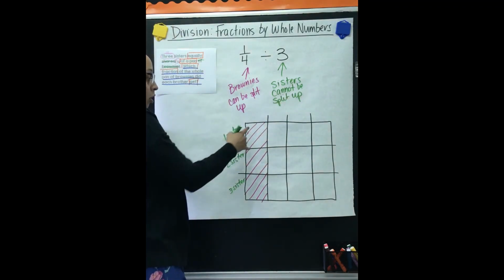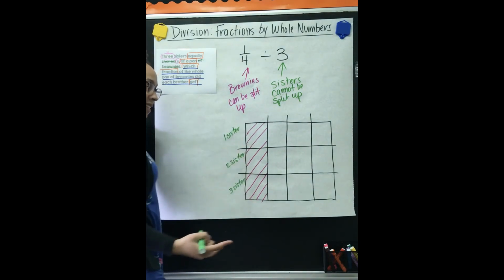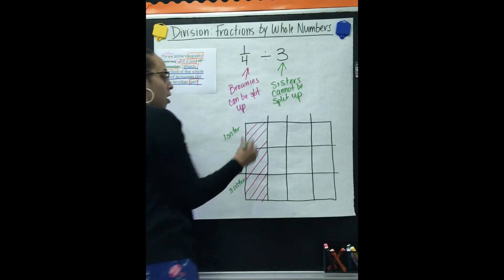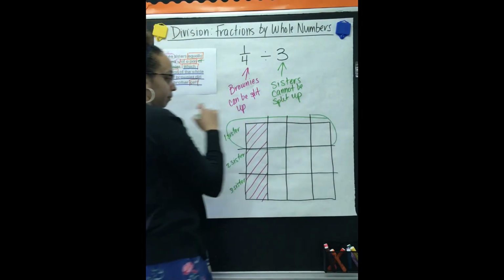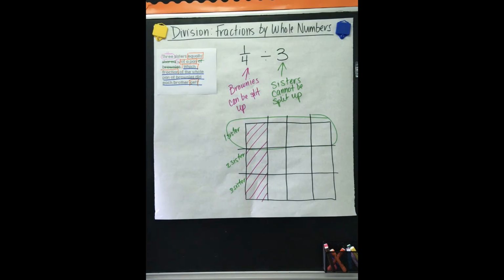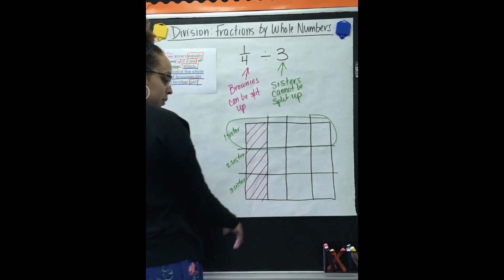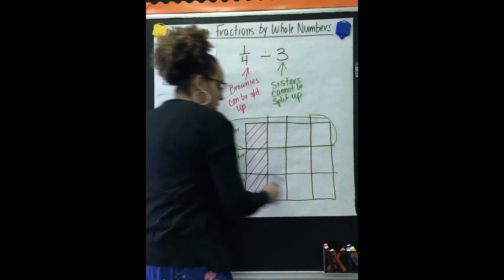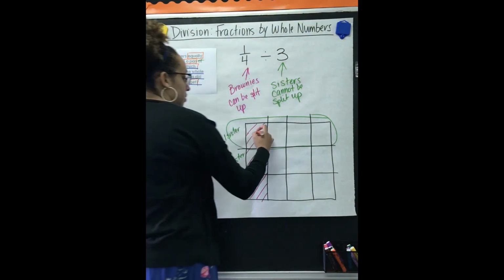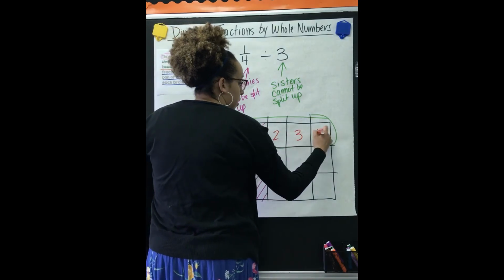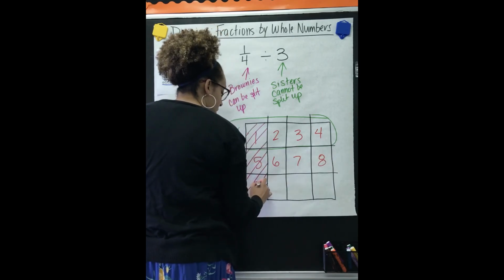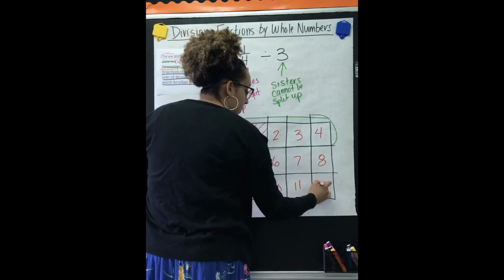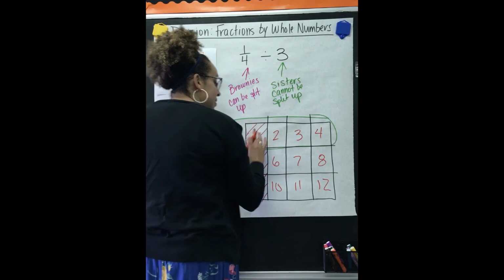We're not going to focus on all three sisters because they're going to get the same amount because we split it up equally. But how much does one sister get? This is one piece out of how many pieces? It's 1 out of 4, 5, 6, 8, 9, 10, 11, 12. It's one piece out of 12.